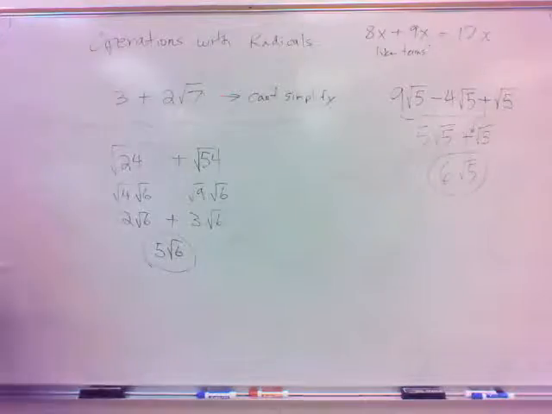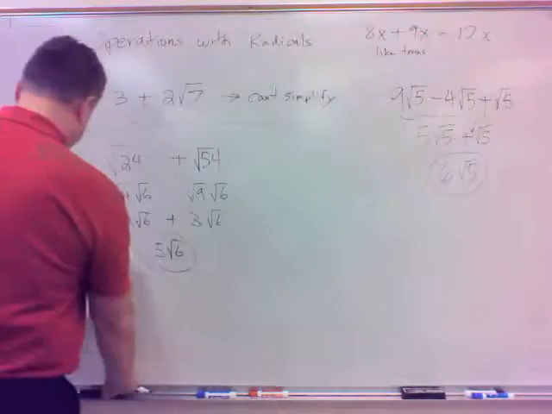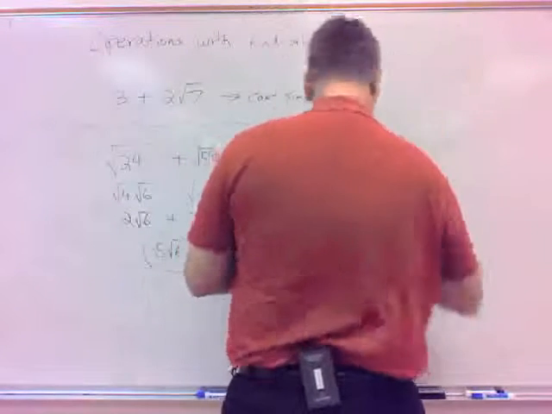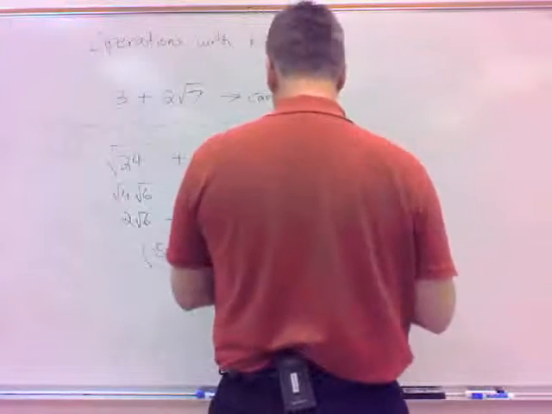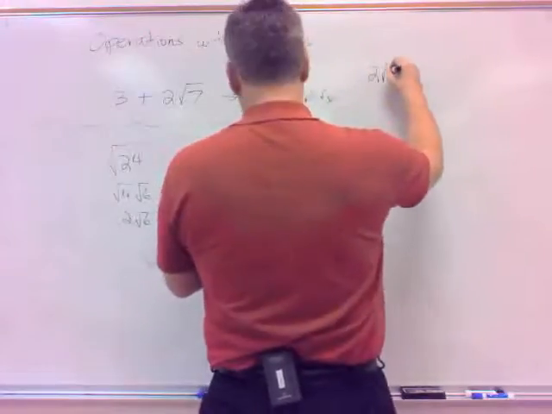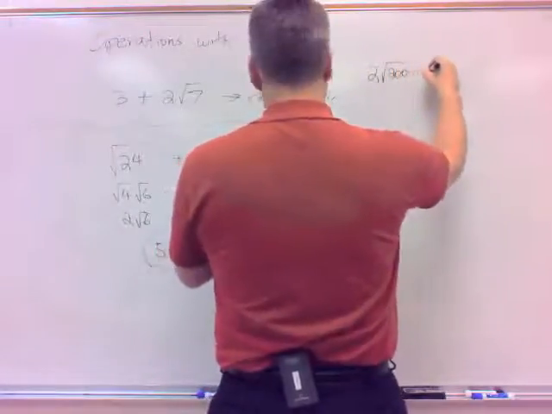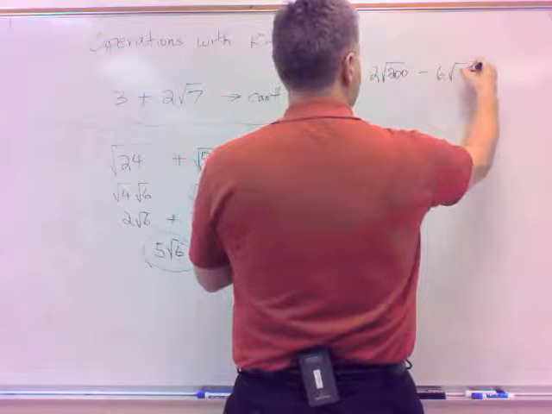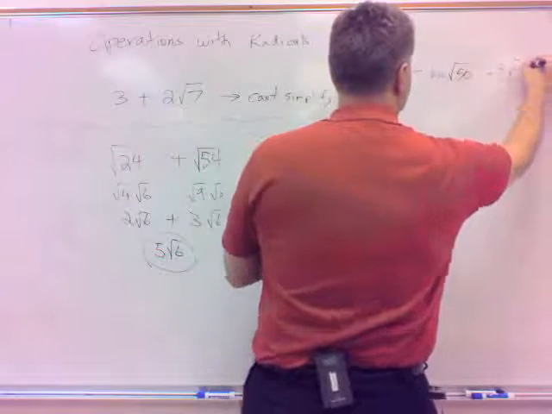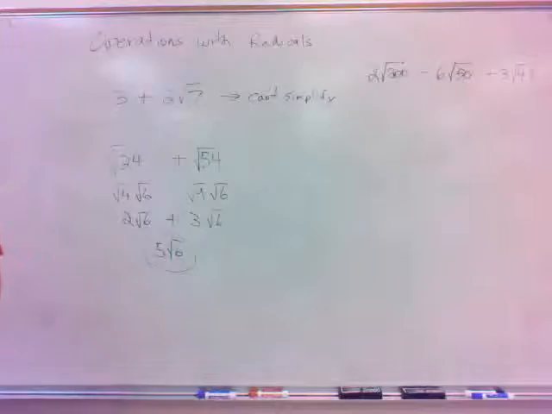All right. 2 square root of 200 minus 6 square root of 50 plus 3 square root of 48. Nice long radical problem there.